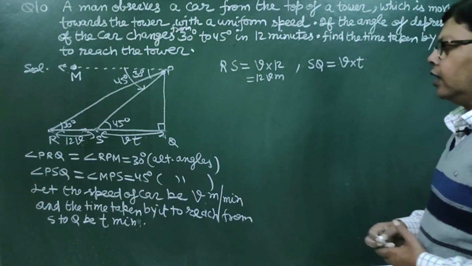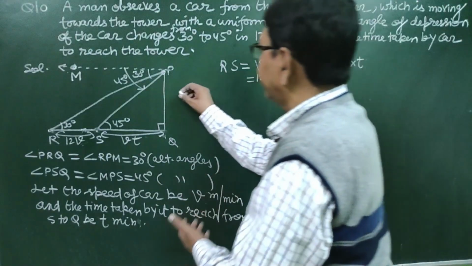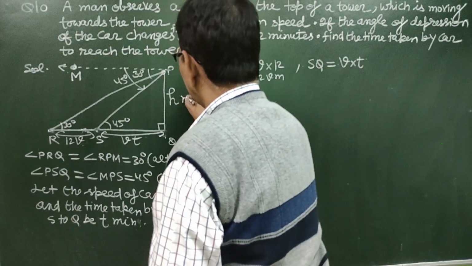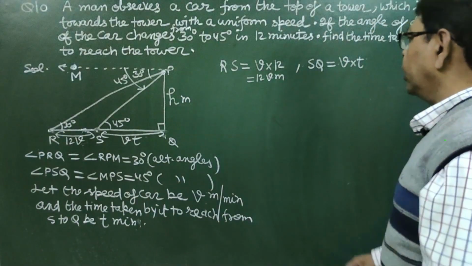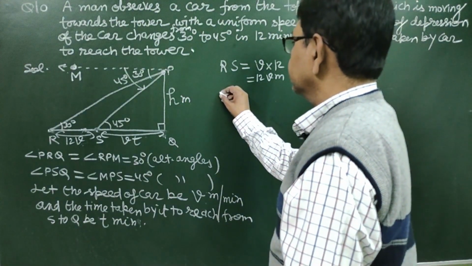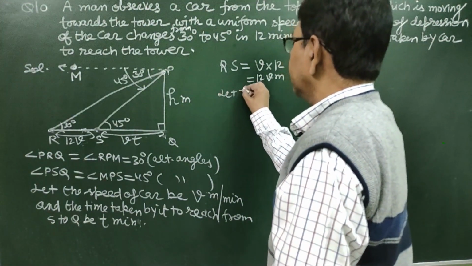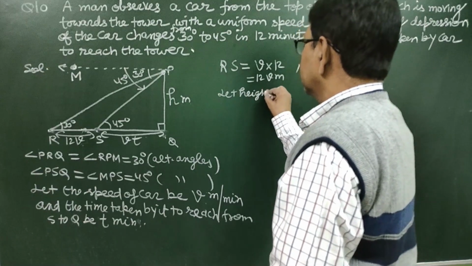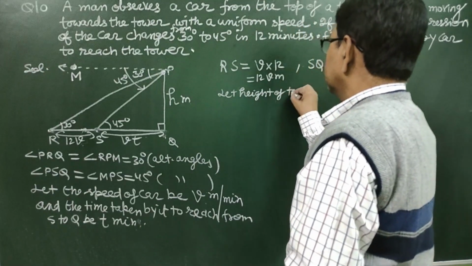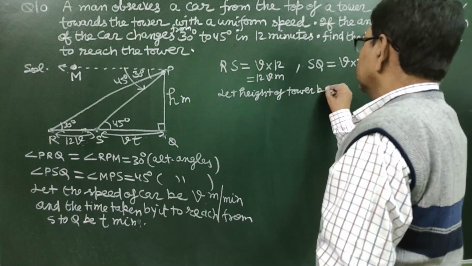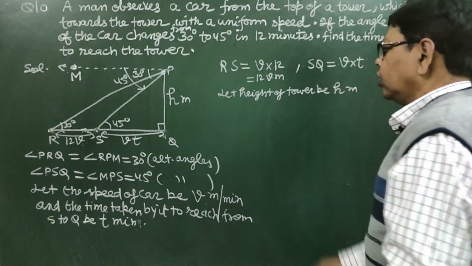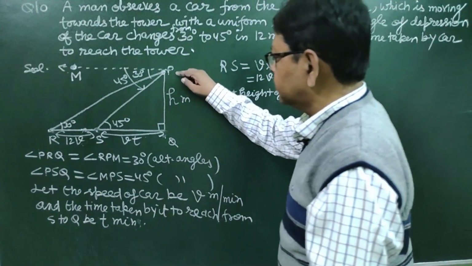Now let the height of the tower be H meter. Let us consider the two triangles.